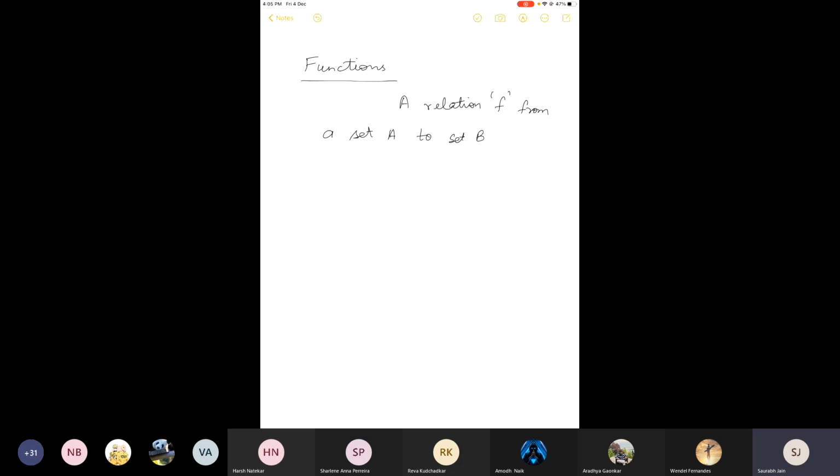So a relation f from a set A to set B is said to be a function if every element of set A has one and only one image in B.